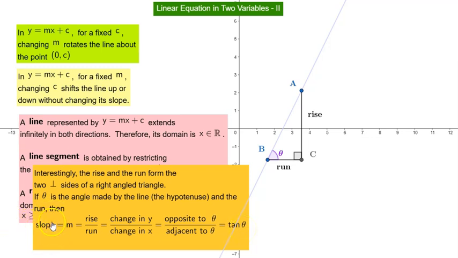So slope of a line can be found by drawing a right angle triangle where a part of the line is the hypotenuse, and figuring out tan theta. If theta is given, it is very straightforward to figure out the slope.